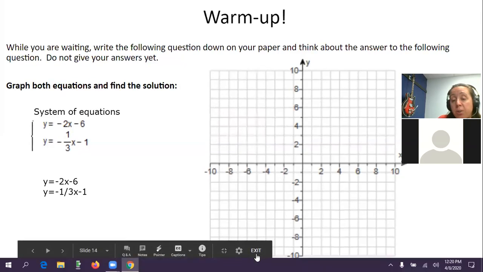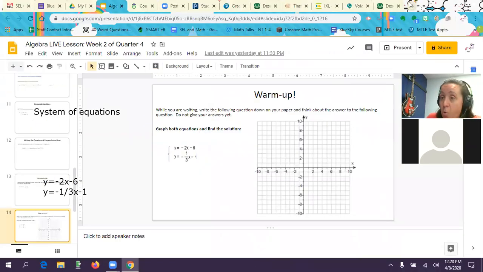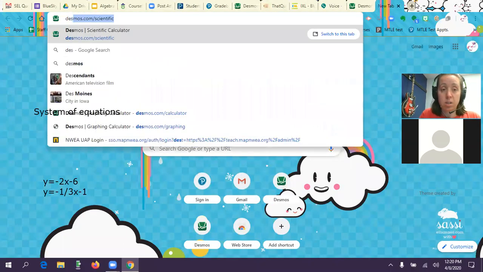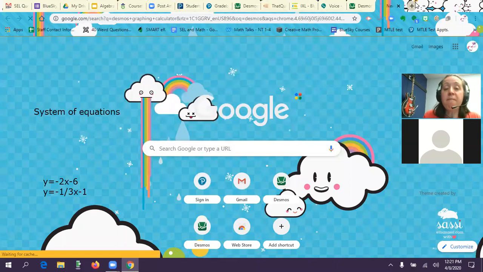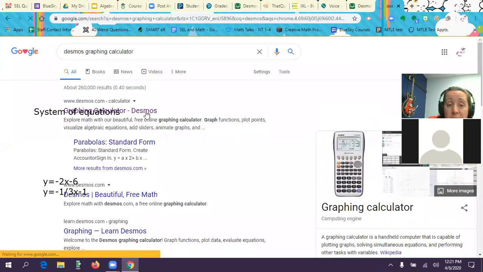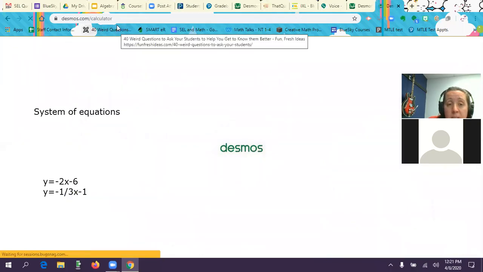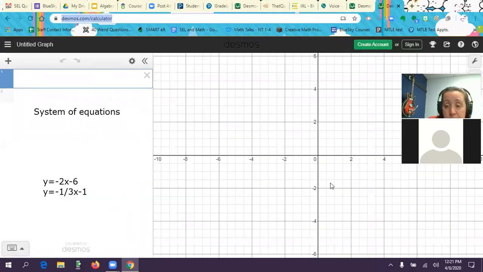So what you would do is you would just graph them, or you could go to the graphing calculator of Desmos. Go to the graphing calculator because it's pretty awesome. I'll put the link in chat. There's the graphing calculator.